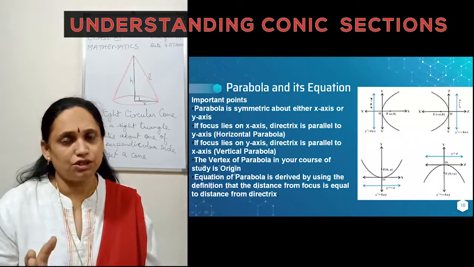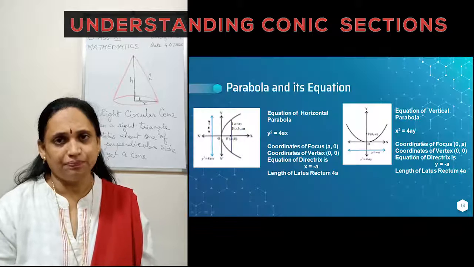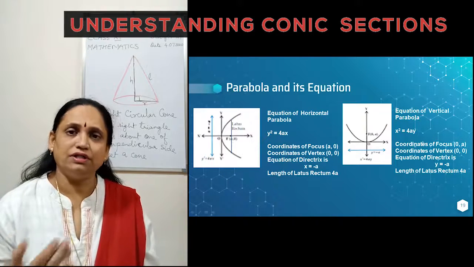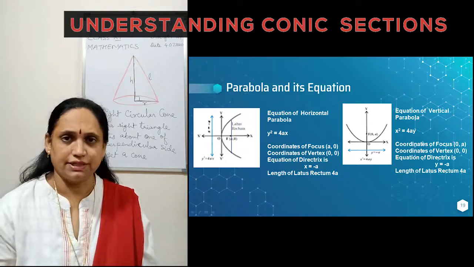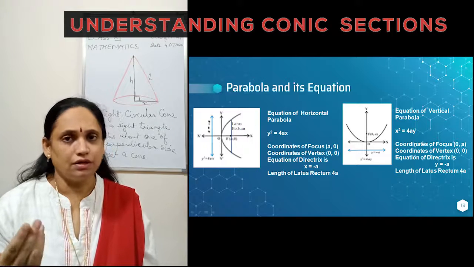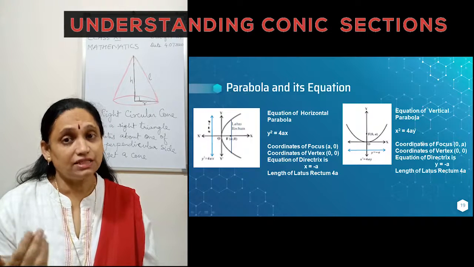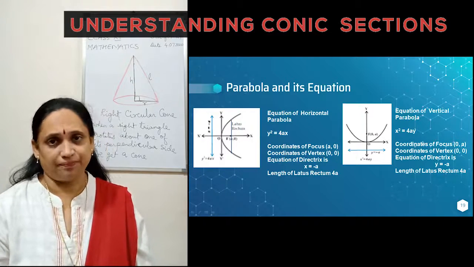We equate these two and simplify, and we get the equation of the parabola. If the x-axis is the axis of the parabola, the equation is y square equal to 4ax, the coordinates of the focus are (a, 0), the coordinates of the vertex are (0, 0), and the length of the latus rectum is 4a.